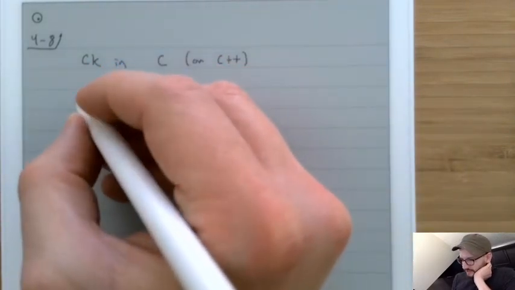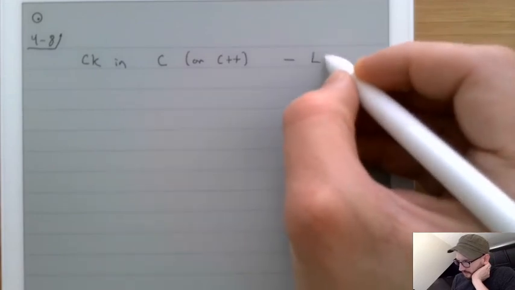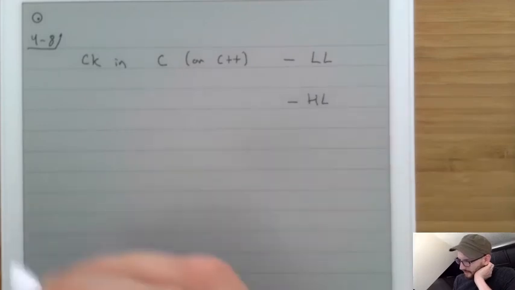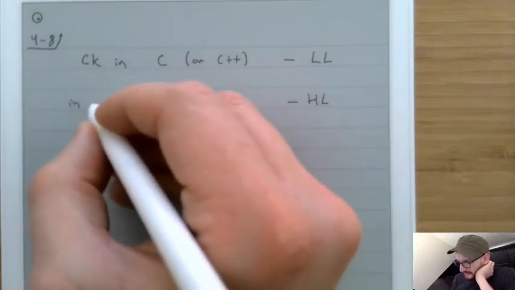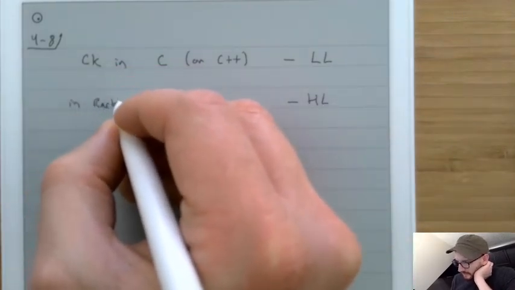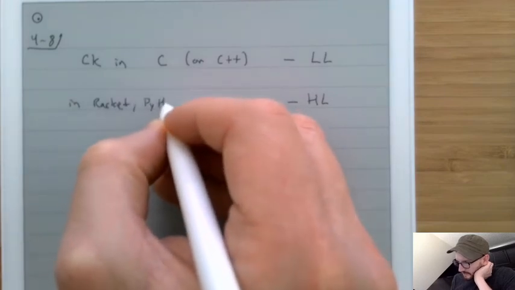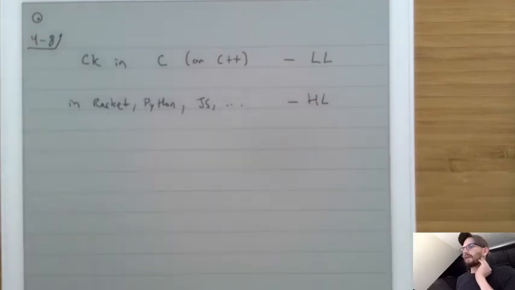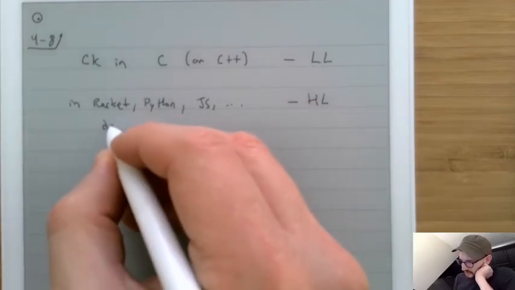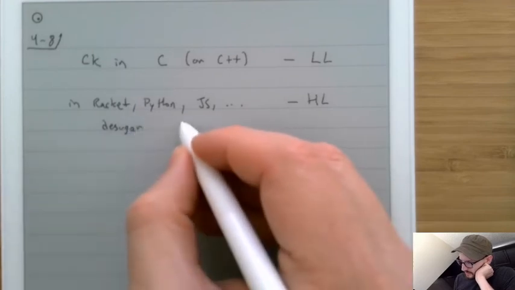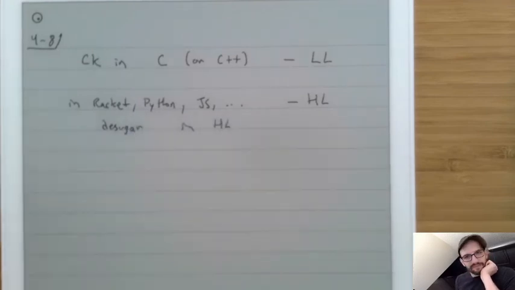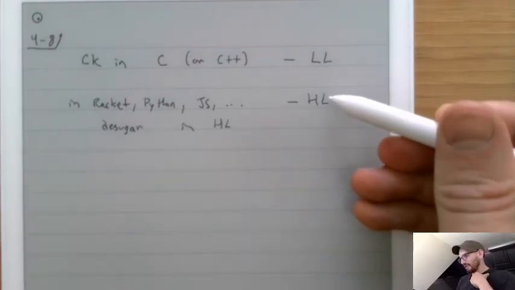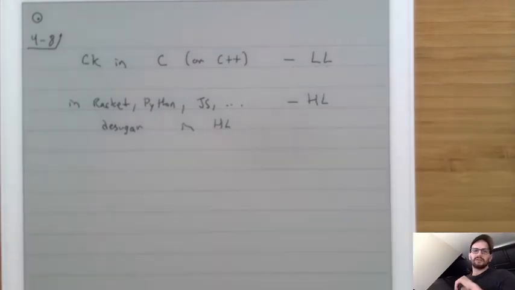We're going to call this your low-level program. I suggest that you also have a high-level program, and maybe you'd write this in Racket or Python or JavaScript or something like that. And what you want to do is have functions like desugar in the high-level language. Then you want to have some way so that your high-level language can generate programs in your low-level language.